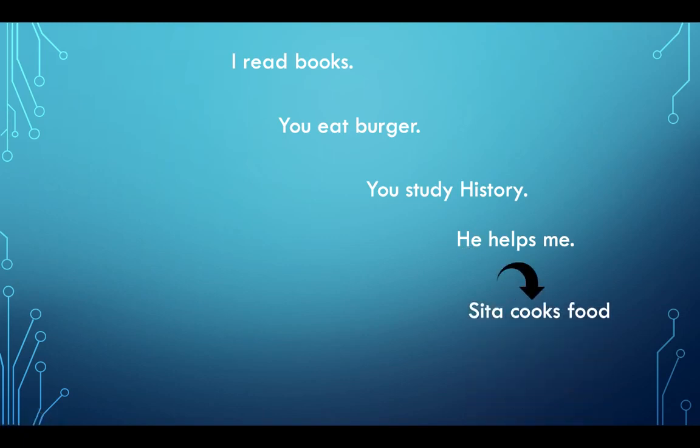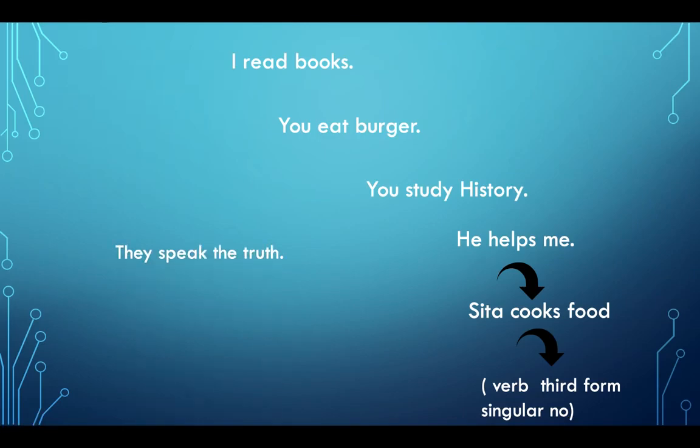Another example. Sita cooks food. With cook, we have added s. So here the pronoun or noun we are using, or the subject which is being used here is he, and the other subject is Sita. So here both he and Sita are third person singular number, and it's a singular number. Let's take one more example where we will talk of another, a very different rule.